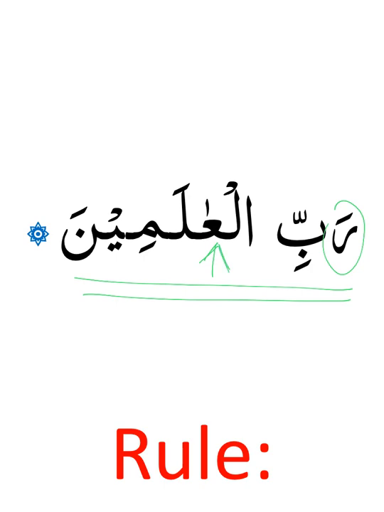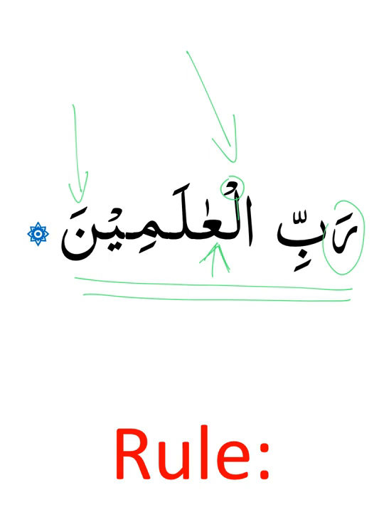Now, what I want you to also pay attention to is you've got a lam here with a sukoon. A common error is that rather than saying Rabbil, children say Rabbila. No, that's wrong. So let's read it properly. Rabbil alamina.